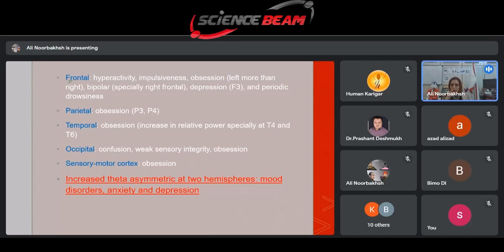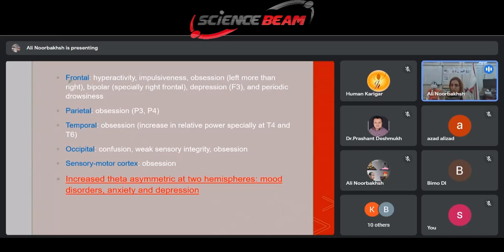And you know that with neurofeedback, you can decrease these waves, okay? You can make a protocol for the disorder. If theta increases on the occipital lobe, it is related to confusion, weak sensory integrity, and obsession again.